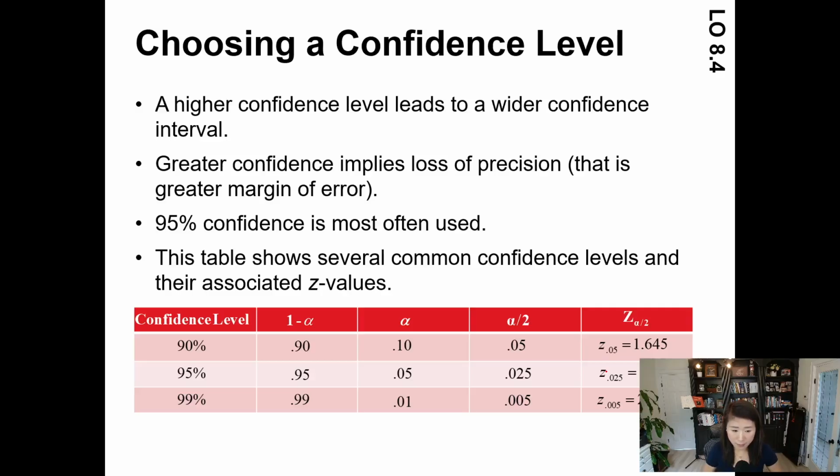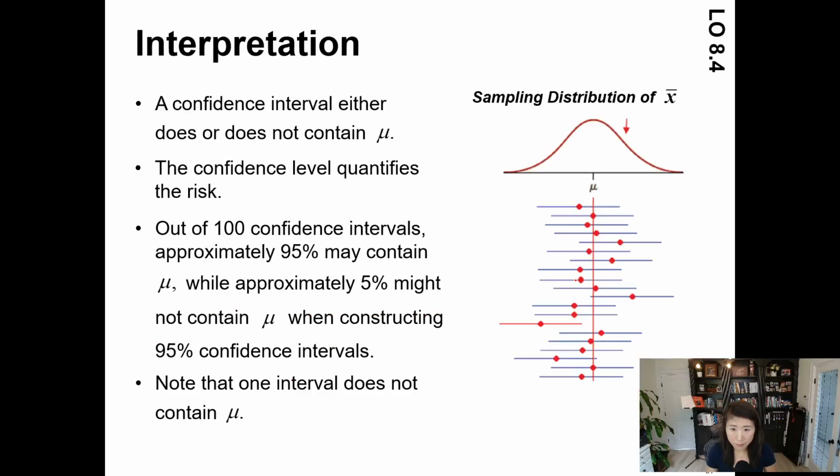So 99% confidence is the widest. As you can see, my z statistic value gets larger and larger because of the larger margin of error.